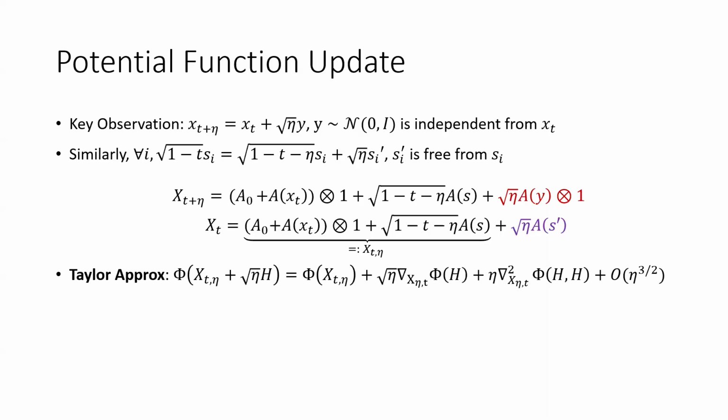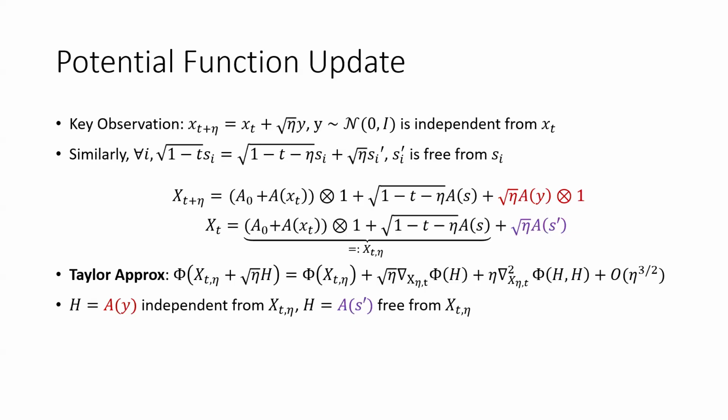And to interpolate between these quantities, we just have to do a Taylor expansion of this quantity and take the difference in the Taylor expansion between these two terms. So, right, we can write our potential applied to xt eta plus some update as the original term plus the first order term plus the second order term plus some small things. And then the key thing to realize here is that if I take h to be si, it is independent from this xt eta over here.